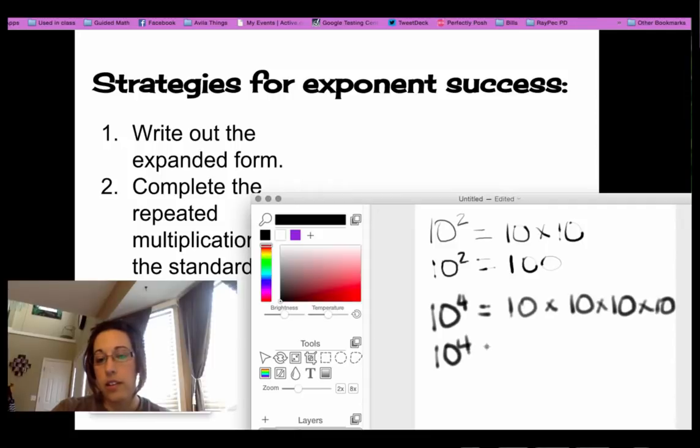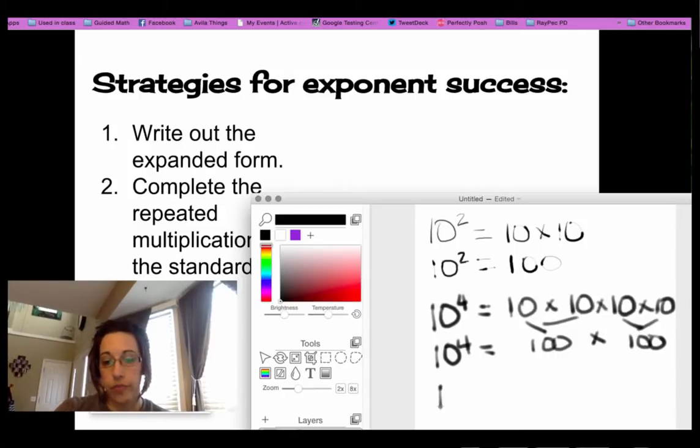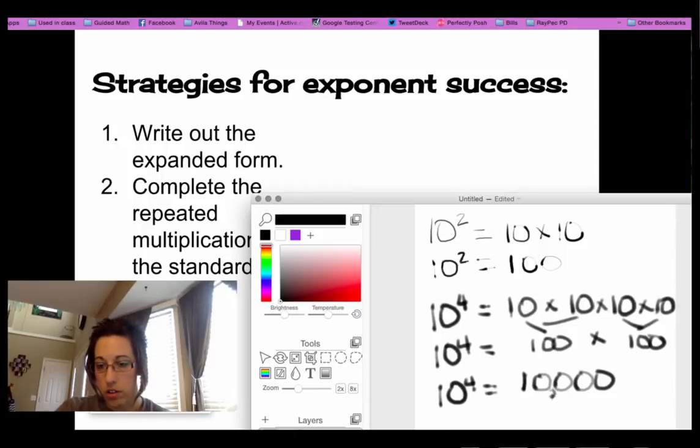So 10 to the 4th power equals 10 times 10, which is 100, times 10 times 10, which is also 100. 10 to the 4th power equals 100 times 100, which is going to be a 1 with 1, 2, 3, 4 zeros. Which makes that 10,000.